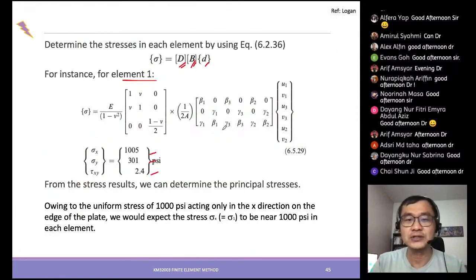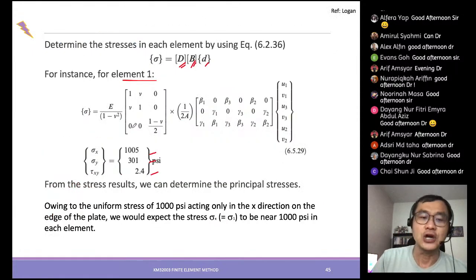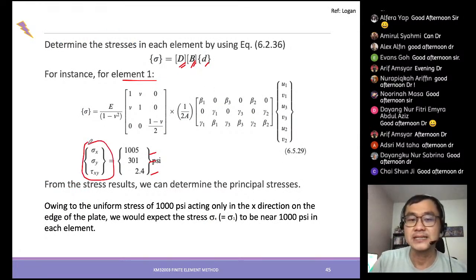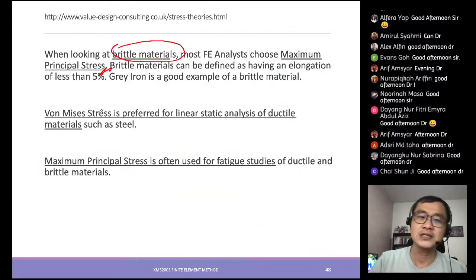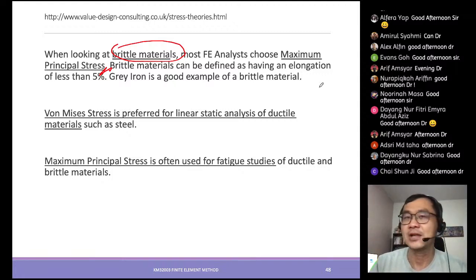Remember, whatever you calculated for the CST previously, you only came up to the point of the principal stress, and that principal stress will be used to calculate the von Mises stress, or you may use the maximum principal stress to predict whether brittle materials will fracture or not. That is how you use all this knowledge for the study of the problem.